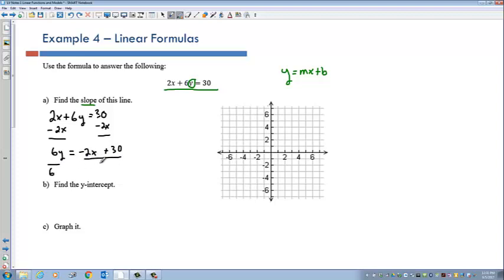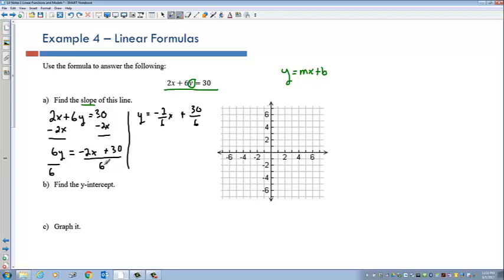When you're solving equations, you just use the same operation on both sides, and the equation will remain balanced. So y is equal to, now when you divide everything by 6, I'm going to divide the negative 2 by 6, and also the 30. So this is going to look like negative 2/6 x plus 30 over 6, which is where students often make a mistake.